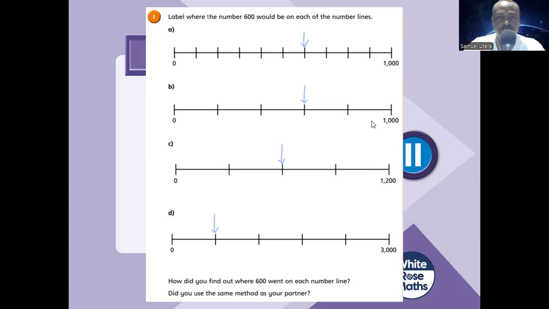Now you can see that the information here are your answers. So we use exactly the same method we used before to work out where the number, sorry, it's 600, I mean to say, not 60, where the number 600 would be. Okay, let's move on.